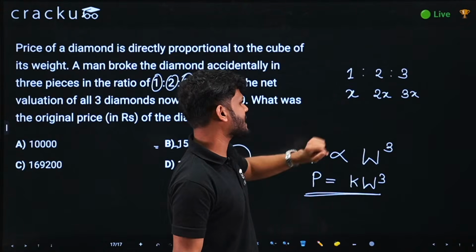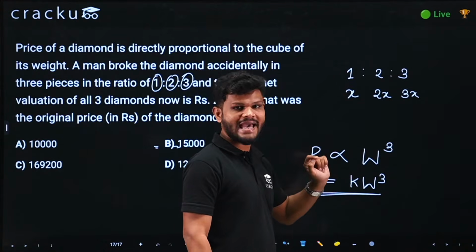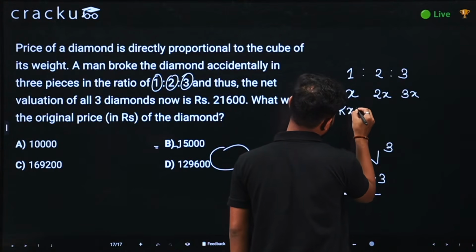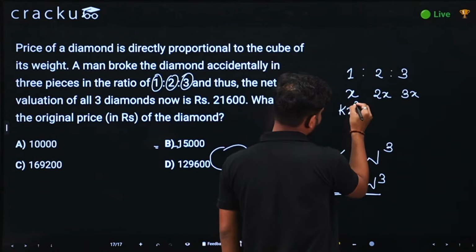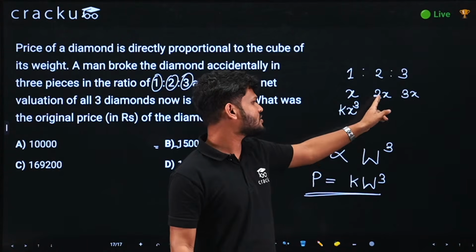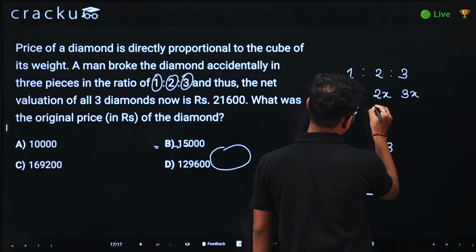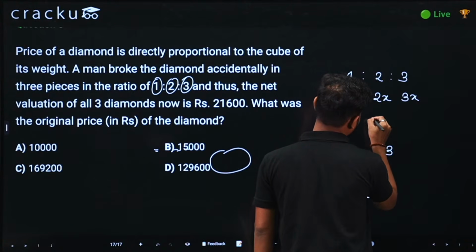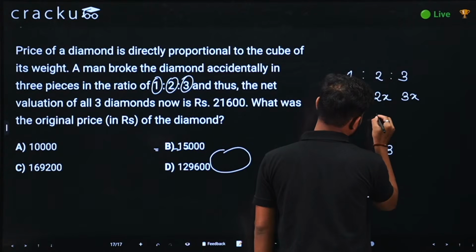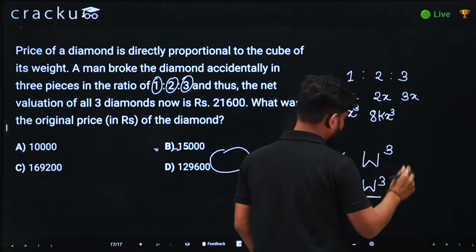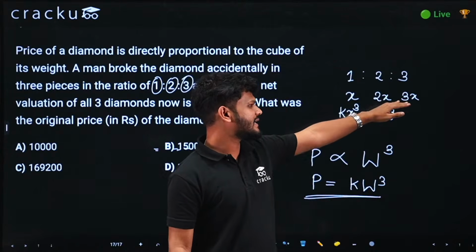Now what will be the price of this one? The weight is x, so price will be k into x cube, right? Here the weight is 2x, so price will be k into 2x cube, which will become 8kx cube. Here weight is 3x.